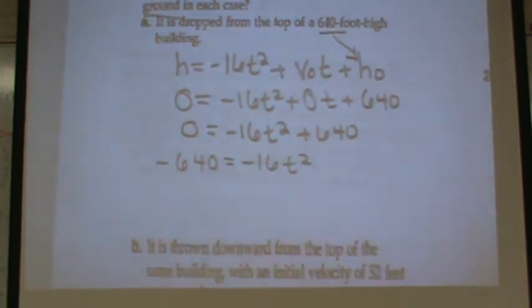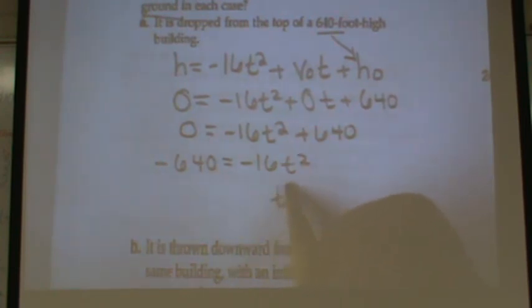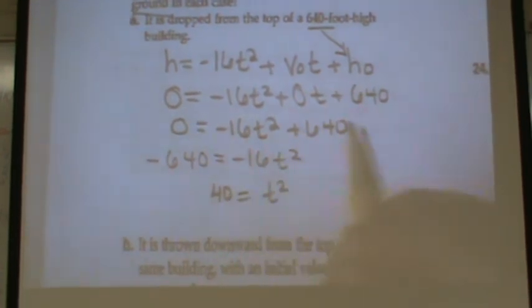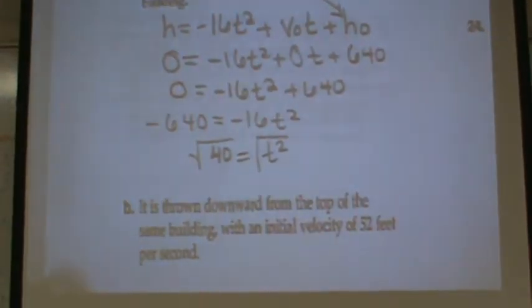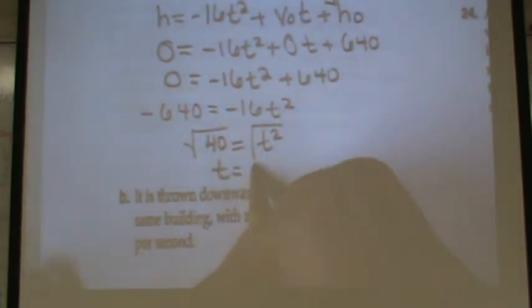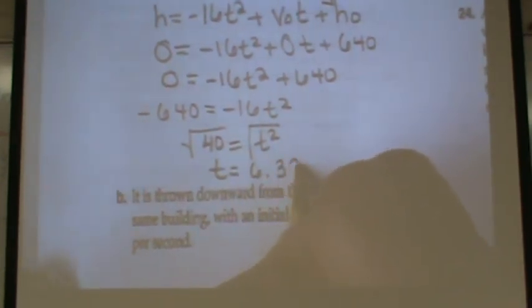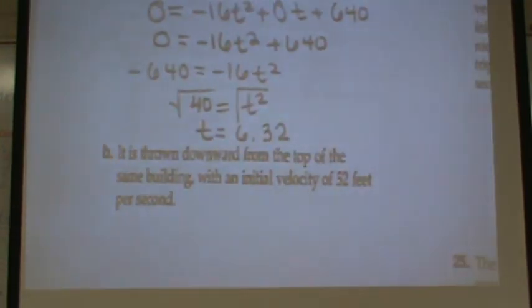The two negatives will cancel out, so you're going to do 640 divided by 16, and you get 40. And you're going to take the square root of both sides. And what's the square root of 40? It's plus or minus 6.32. And you're going to ignore the negative, so it's 6.32 seconds.